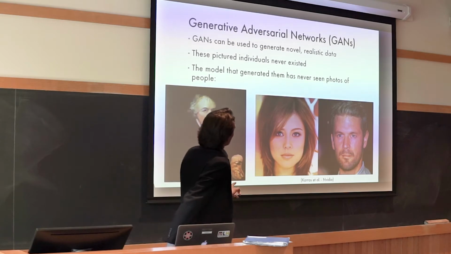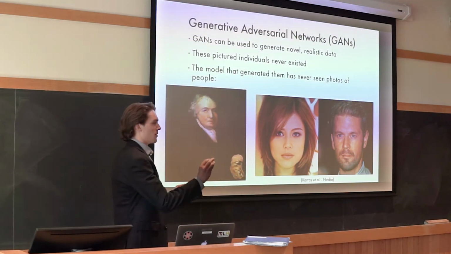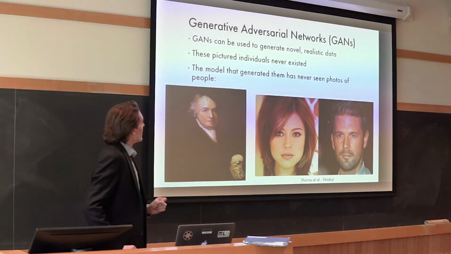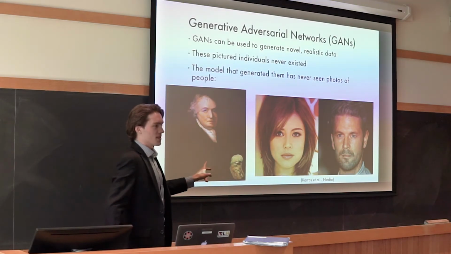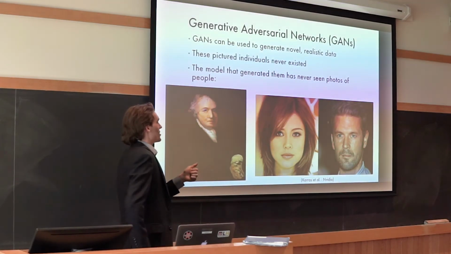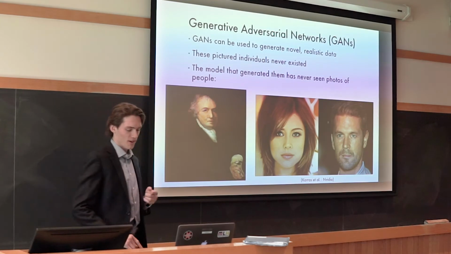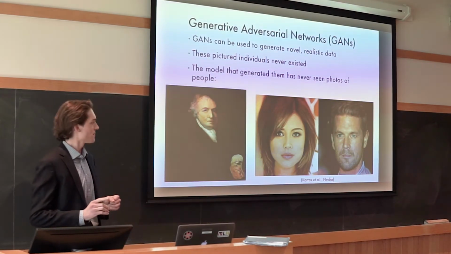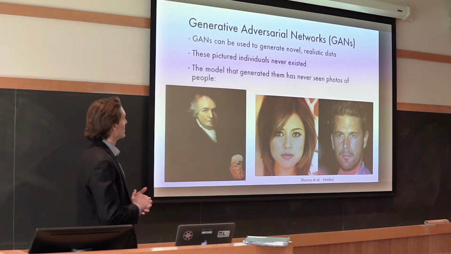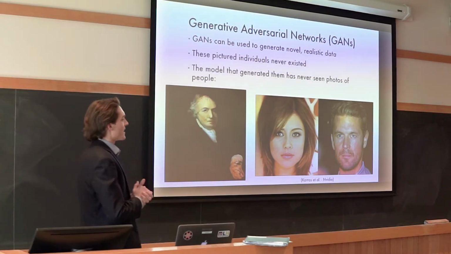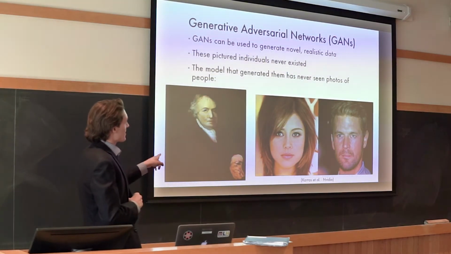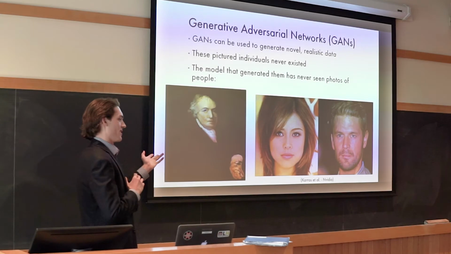But another crazy aspect of this is that the actual component of the network that generated these images has never seen a photo. That'll be more clear soon. But the incredible part is that the neural network that is creating this is not just memorizing.